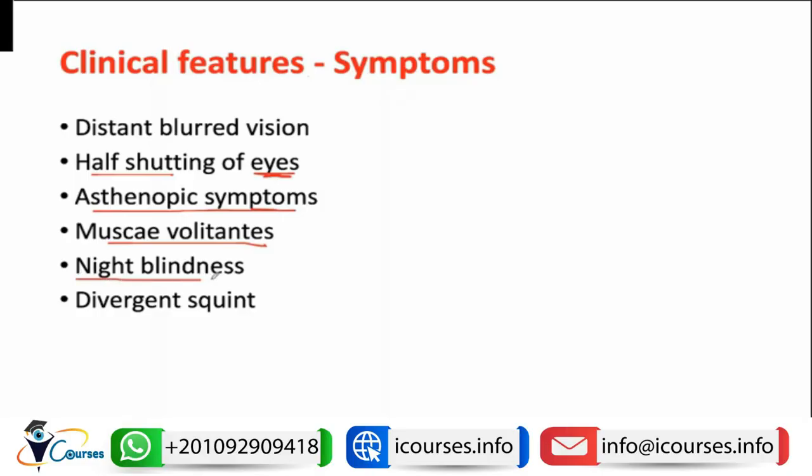They also complain of night blindness, and they may have a divergent squint because they don't use their accommodation. So the eye doesn't stimulate the near reflex, which has convergence, so that the eye tends to be divergent.